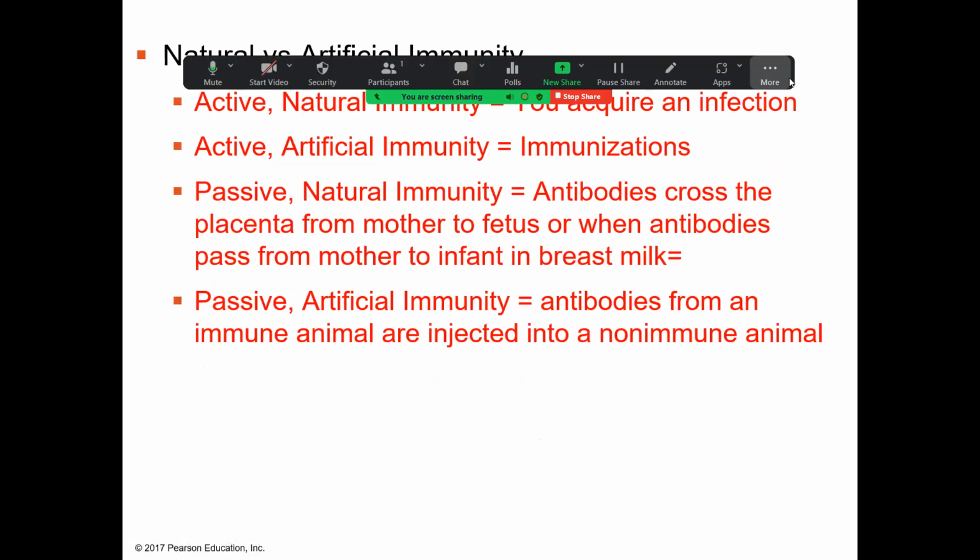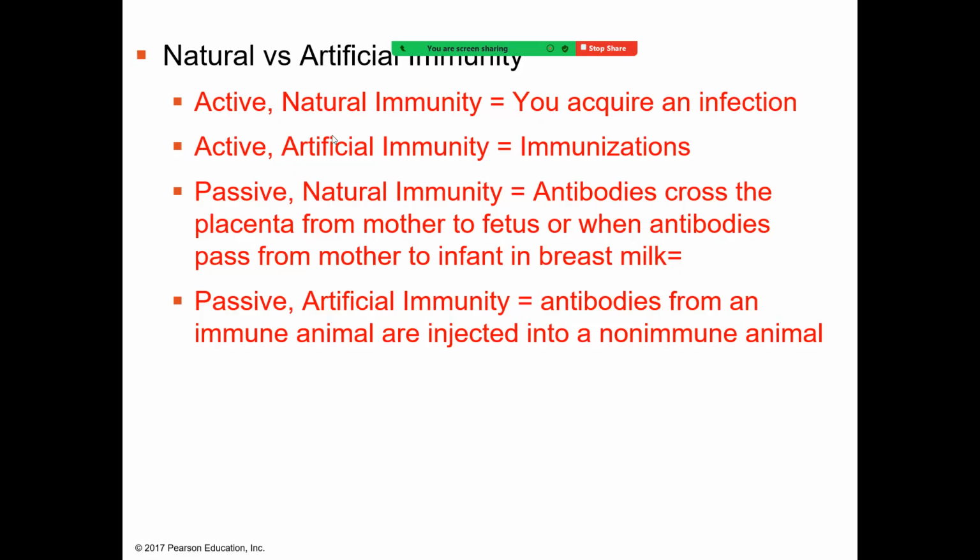When you look at the differences between types of natural versus artificial immunity, you can have active natural immunity, again, which would be you being infected by something, so infected with a pathogen, bacteria, virus, fungus. Your body goes through the process of developing an adaptive response to it. Active artificial immunity would be you getting an immunization or a vaccination from a healthcare professional.